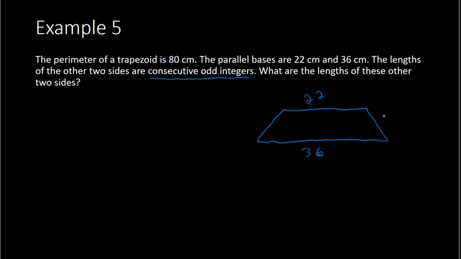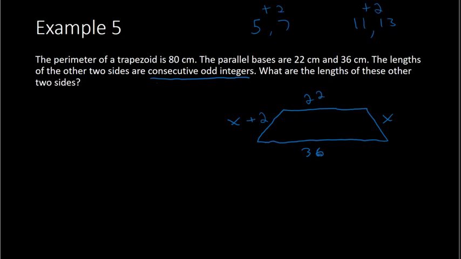So that means if one side is x, then the other side is going to be x plus 2, because consecutive odd integers means that each number will be 2 more than the one before it, right? For example, if the first number is 5, then the other number has got to be 7. So that's 2 more than the first number. If the first number was 11, the next number is 13, because it's 2 more than that first number. So that's why it's x and x plus 2.